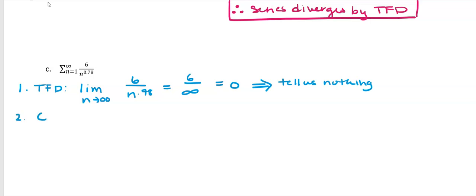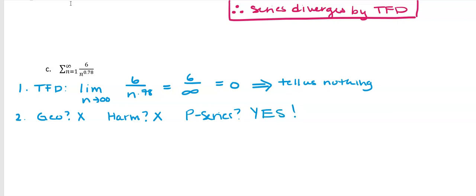So I'm going to go to the next one on my list. My next one on the list is to say, hey, is this geometric? And the answer is no, this is not of the geometric form a times r to the n minus 1 power. Is this harmonic? And the answer is no, this is not 1 over n. So then we have to ask ourselves, is this a p-series? And exciting for us, we can say, yes, it is.